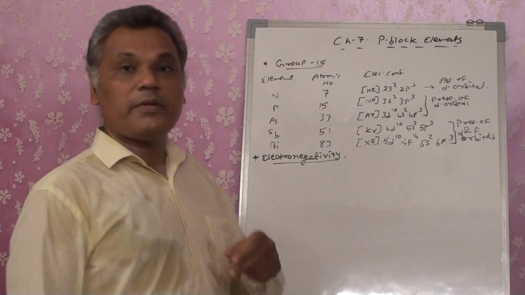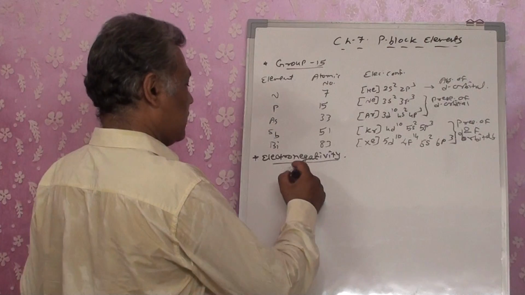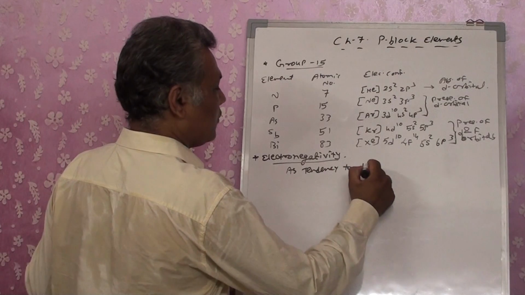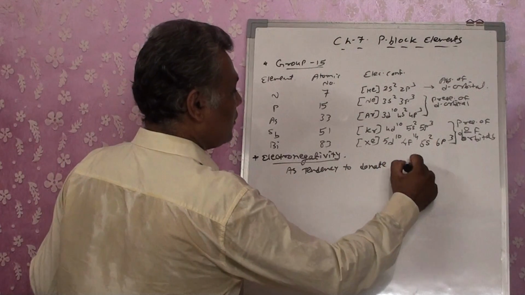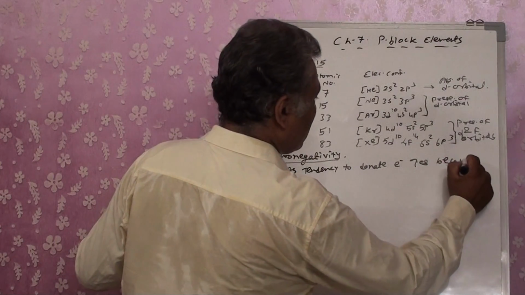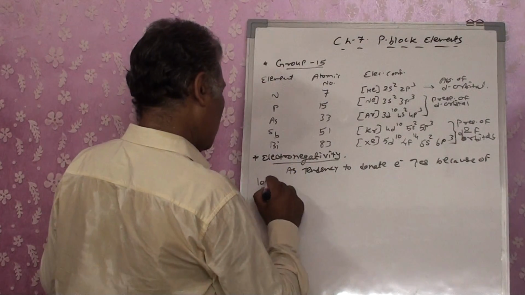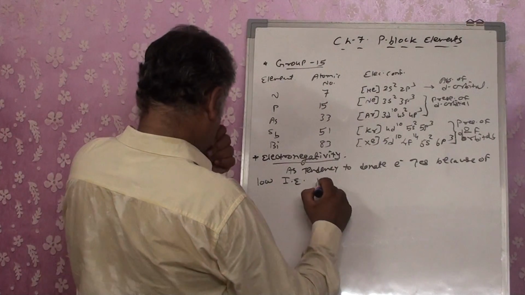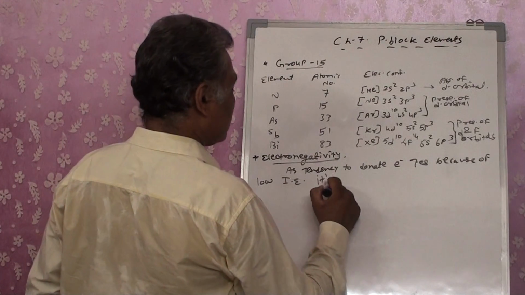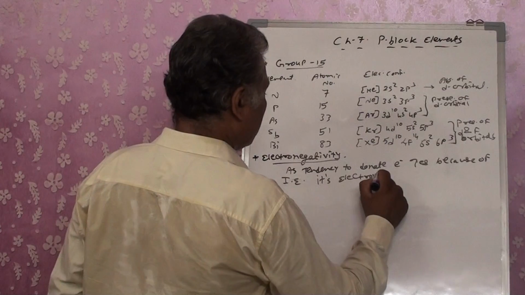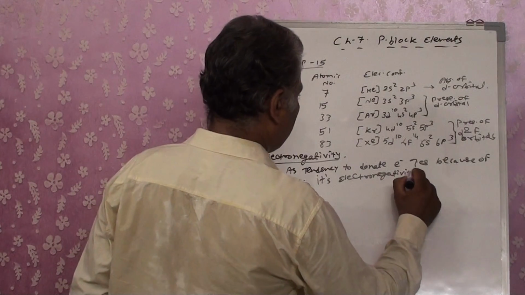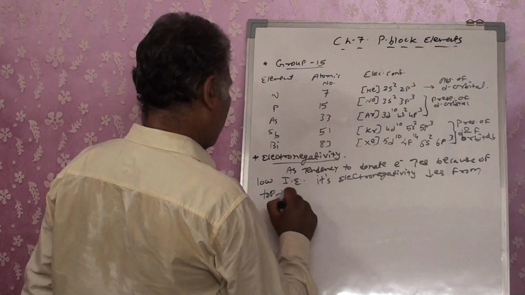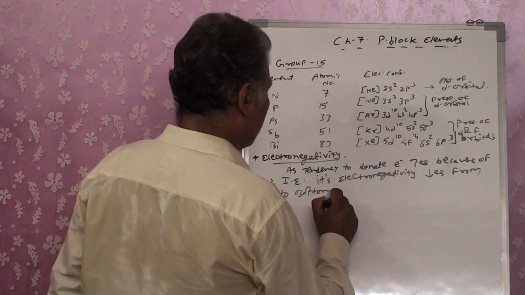That means from top to bottom, the tendency to donate electrons increases because of low ionization energy, so its electronegativity decreases from top to bottom.